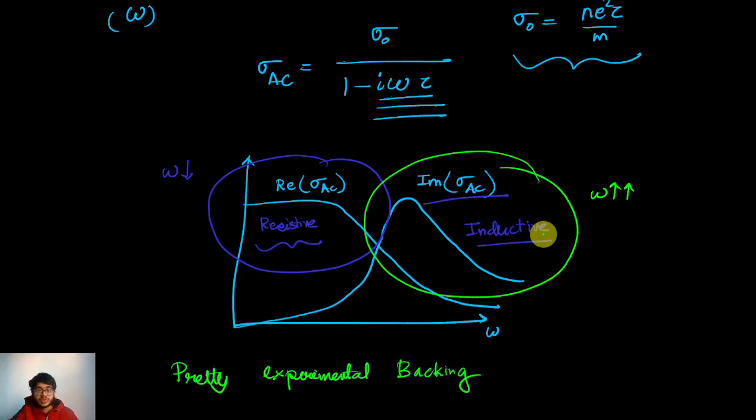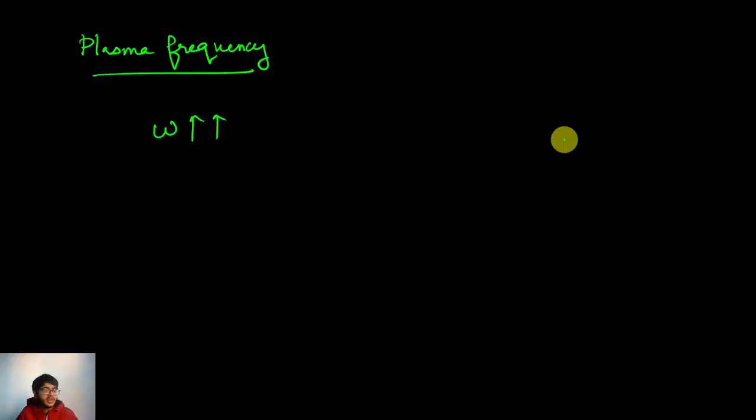Okay, so now we talked about AC conductivity. Now we will talk about plasma frequency. Just like AC conductivity, we will see what happens in the high omega regime. In the high omega regime, the dielectric function is given as this, from the calculation of Drude's model.